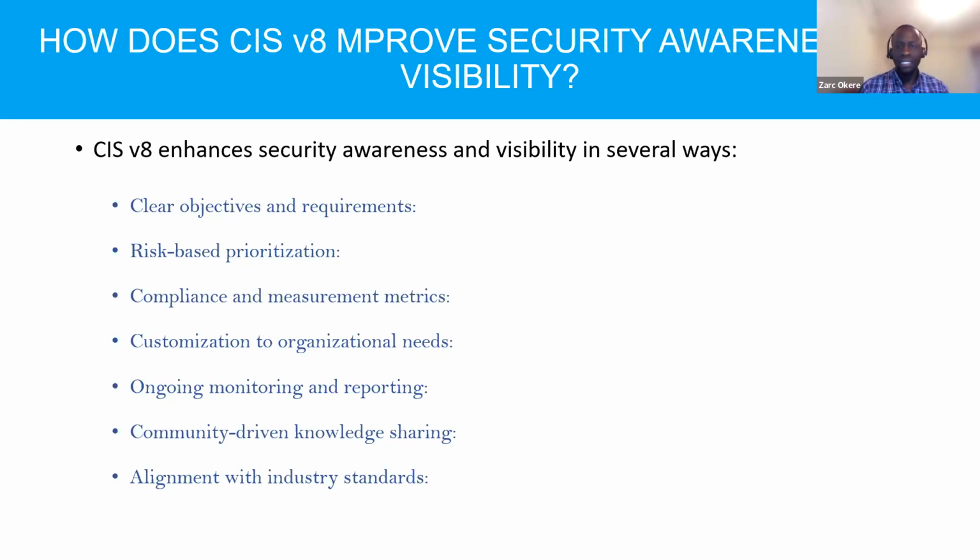And this clarity helps raise awareness by clearly defining what needs to be done to enhance security and mitigate risk. So you can present it to the board and tell them, see, this is where we are falling short. Kindly help us with more budget to recruit more people, to buy more tools, or to hire a third-party organization to help us with this.